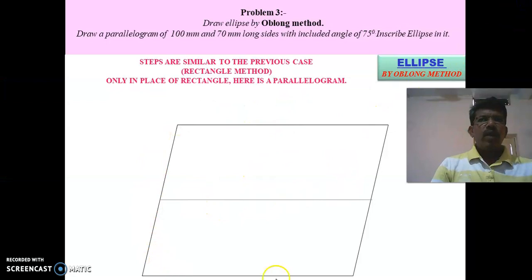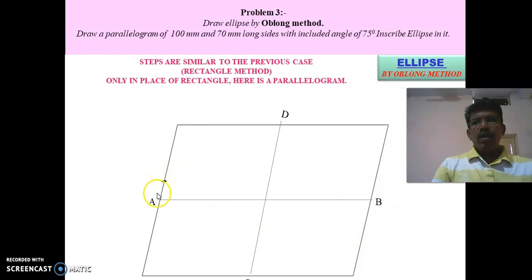Draw the major axis, named AB, and draw the minor axis, passing through the midpoint of the major axis, and name its ends C and D.